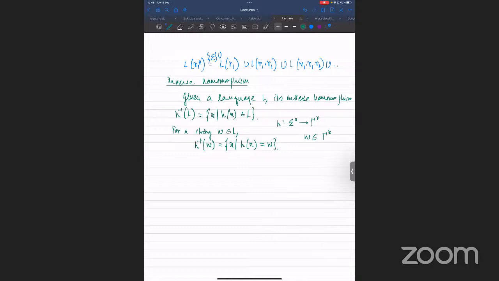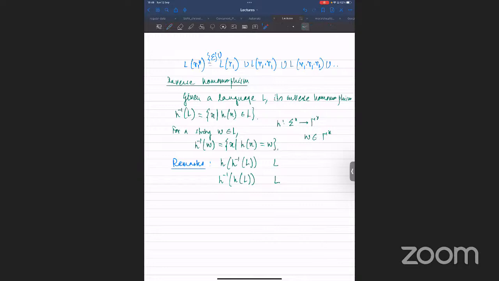Now, suppose I ask you two small questions. I would call them just remarks. It's not difficult to see. Suppose I have H inverse of H of L, and I'm comparing it with L. What is the relation? Are they equal, subset, superset? What do you think is the case?